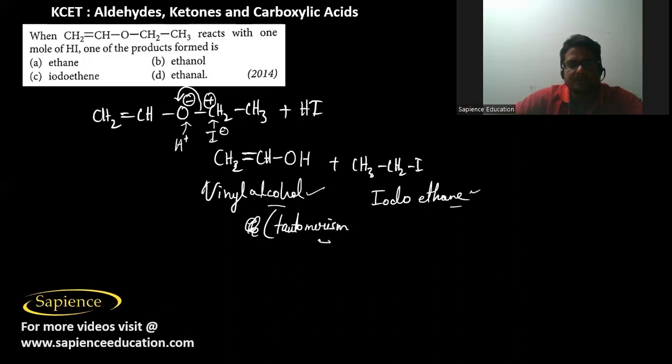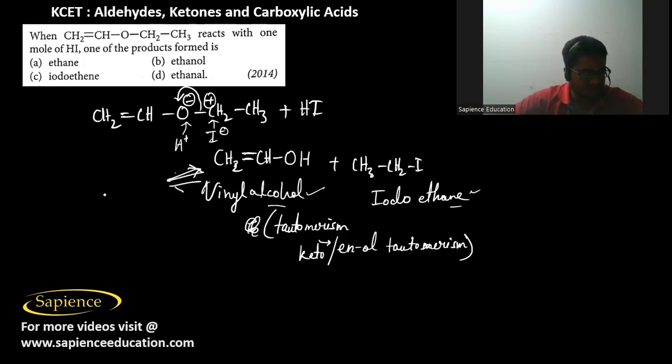It means it will show keto-enol tautomerism. It means that one of the isomers will be CH3CHO for this one.